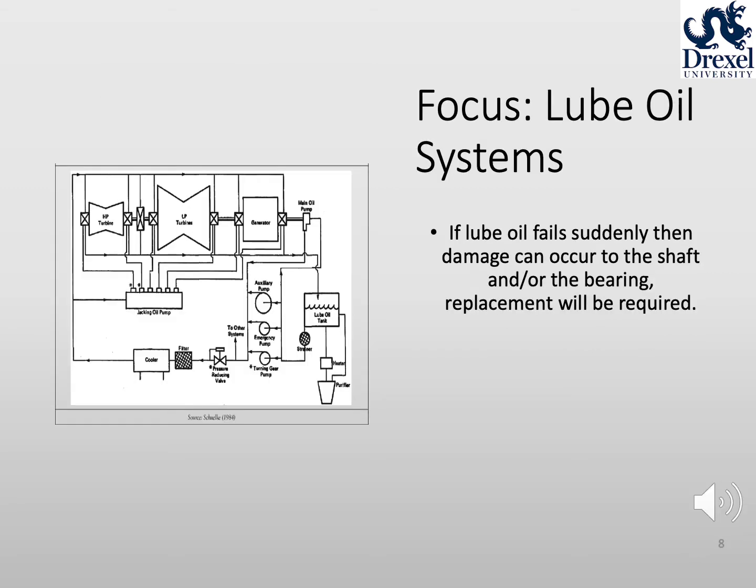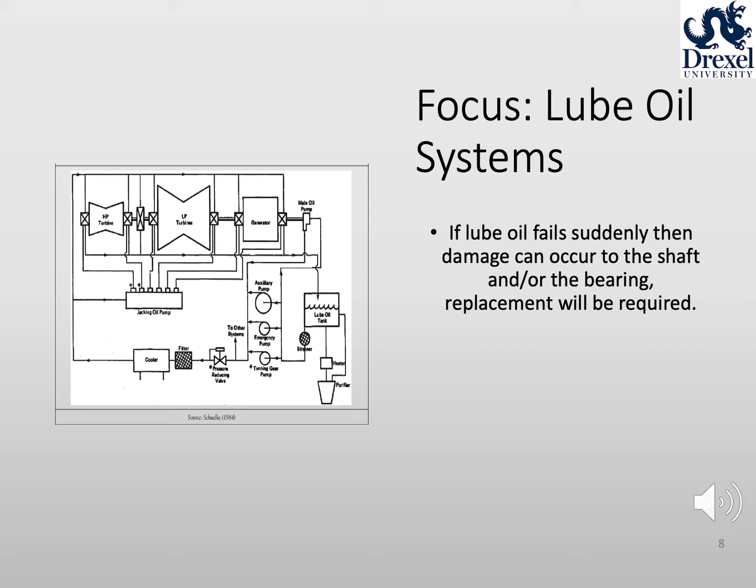For our project, we decided to focus on lube oil systems. If lube oil fails suddenly, then damage can occur to the shaft and/or the bearing. Replacement will be required. An issue that can occur with the lube oil system is a loss of pressure, which can cause the film of oil between the shaft and the shoes or pads to disappear or shrink, causing damage.